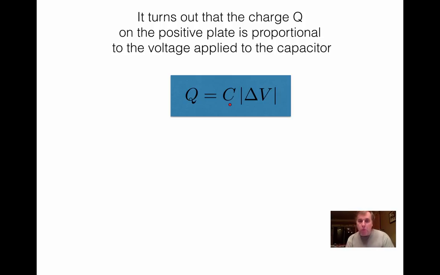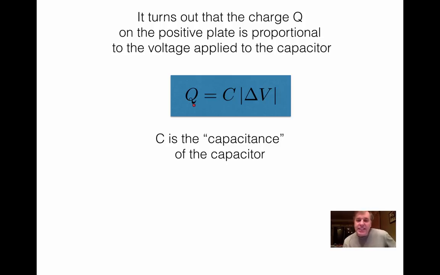This C here is a property of your capacitor. If you change the capacitor, you get a different value of C. So this C tells us how much charge you have on the positive plate if you apply a certain voltage to that capacitor. Okay, and the charge on the negative plate is just minus Q. So this C is a property of the capacitor, and that's what we call the capacitance of a capacitor.